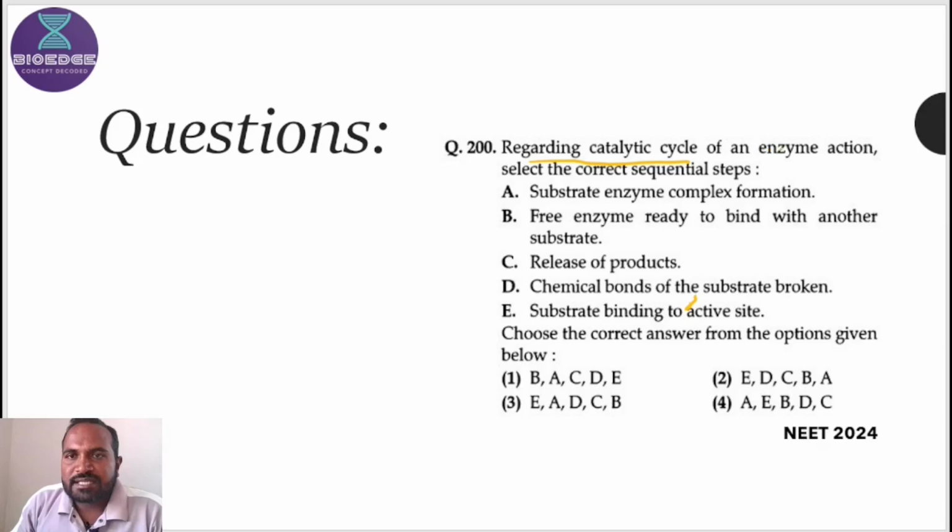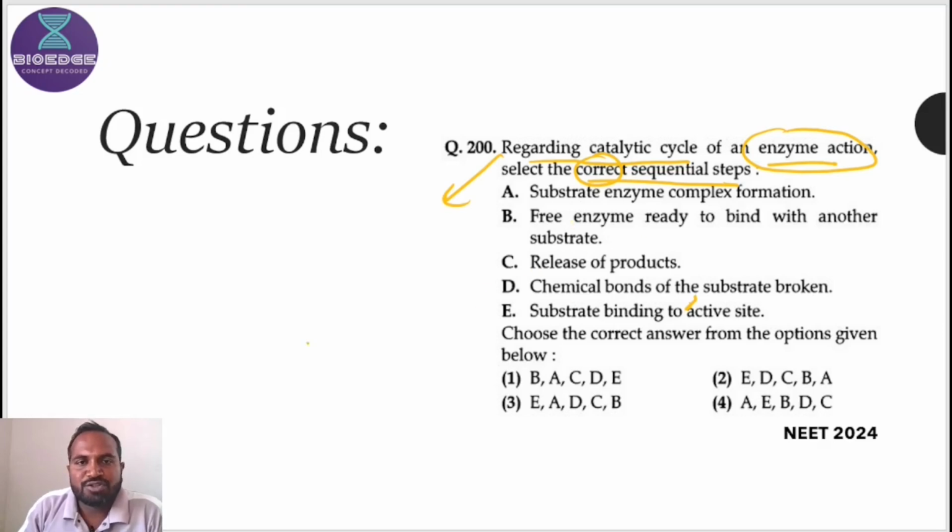Regarding catalytic cycle of an enzyme action, select the correct sequential steps. Keyword here is enzyme action, catalytic cycle. You should know the mechanism of enzyme action.